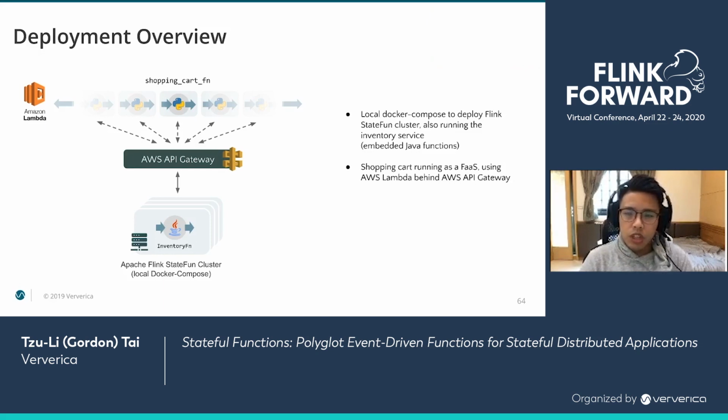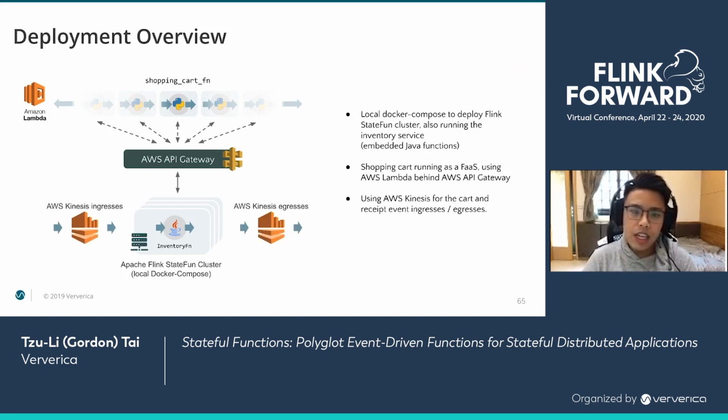I'm only using AWS Lambda to demonstrate this because I'm personally familiar with the service, but this can be any kind of deployment really, such as Kubernetes deployment, which you might have seen in the keynote on the first day of the conference. And finally, just to round up the fact that I'm heavily using AWS for this demo, I'm using AWS Kinesis as the ingress and egress of the shopping cart user events.